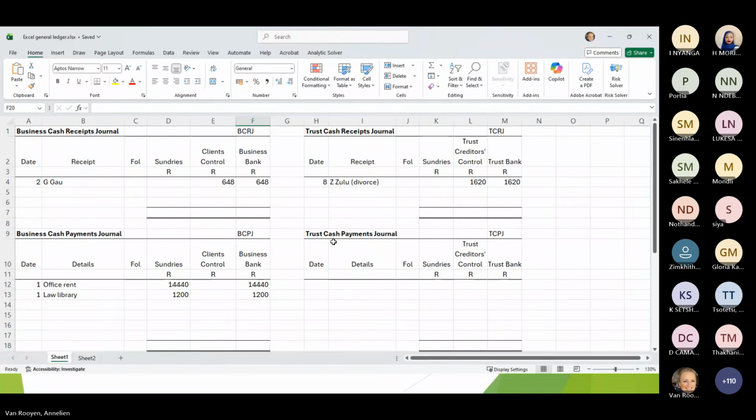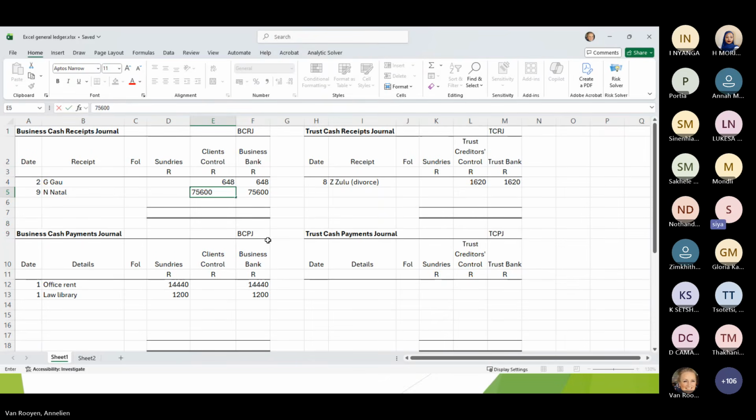Business cash receipts. Everybody happy with business cash receipts? Yes, good, good. In Natal, and it's 75,600, the full amount that he's paying us. And it is a client, so it goes into the client's control account. Yes, yeah?